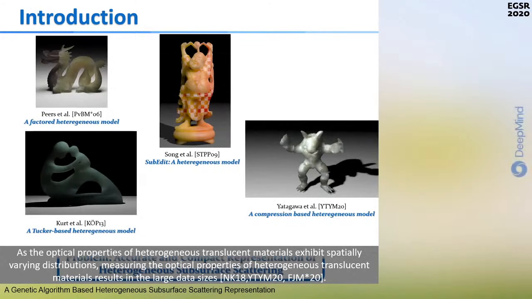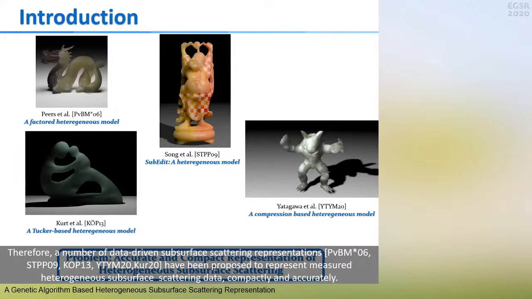As the optical properties of heterogeneous translucent materials exhibit spatially varying distributions, measuring the optical properties of heterogeneous translucent materials results in a large data size. Therefore, a number of data-driven subsurface scattering representations have been proposed to represent measured heterogeneous subsurface scattering data compactly and accurately.